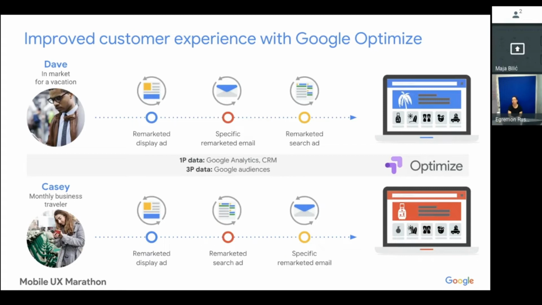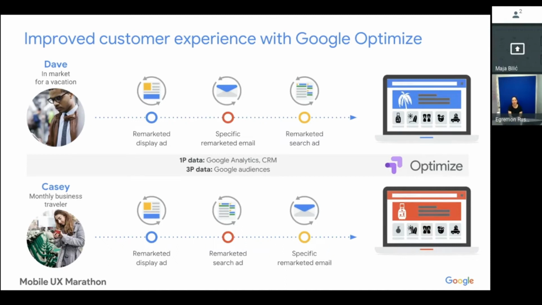You can use Google Analytics data to inform the personalization tailoring. You can use your CRM data imported in Google Analytics and use it to create audience that you will target your audience to.